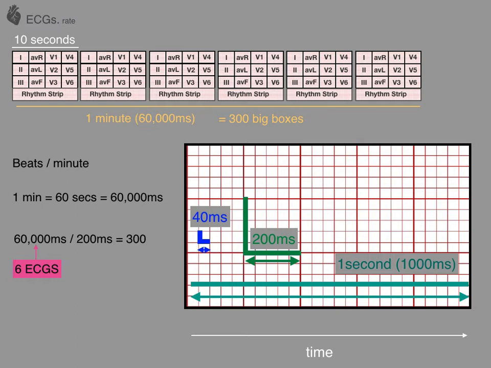And then we divide this by 200 milliseconds, 200 milliseconds being the length of time of one big box, we get a figure of 300. We can therefore conclude that in 1 minute there are 300 big boxes.